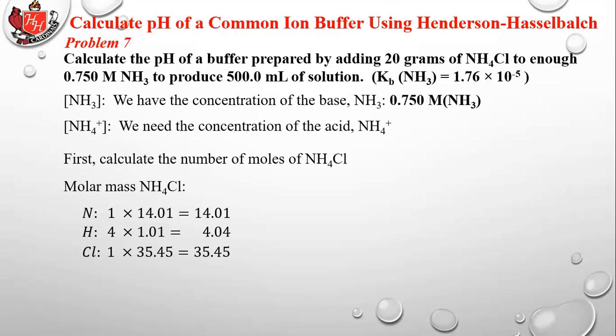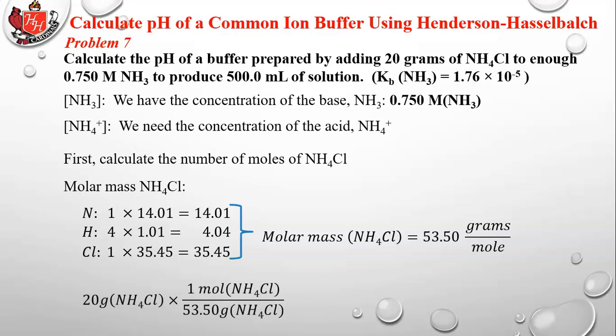Now, even though the chlorine is a spectator ion, it's going to break off and float off to the side, you still have to use it to compute the molar mass of the ammonium chloride molecule. So you add all that up, and the molar mass of ammonium chloride is 53.5 grams per mole.